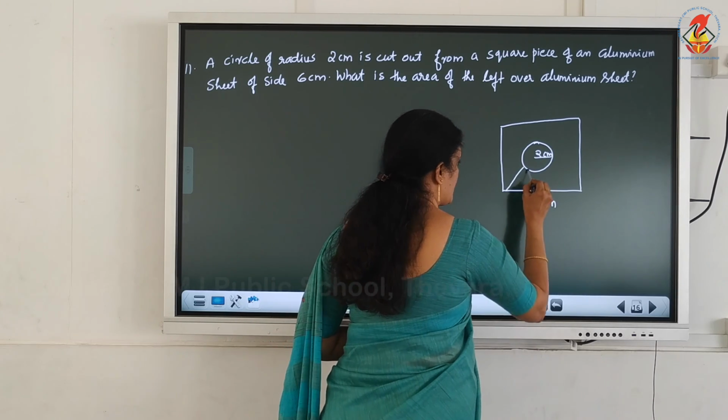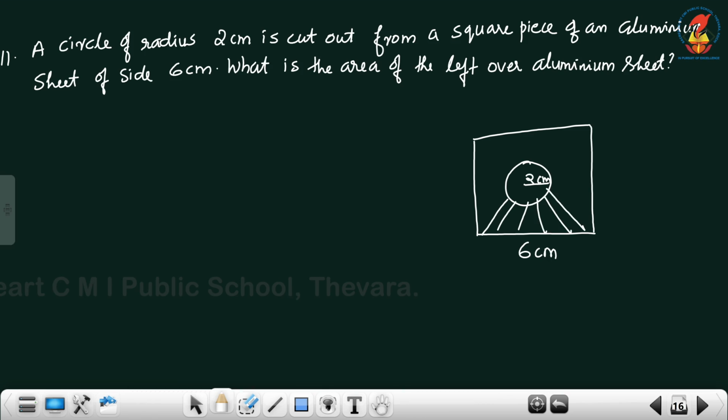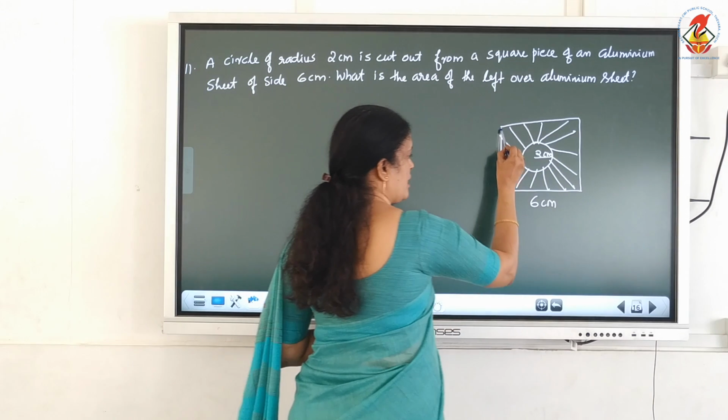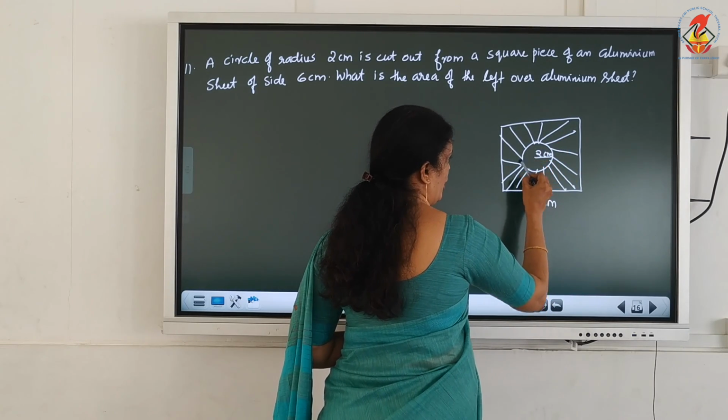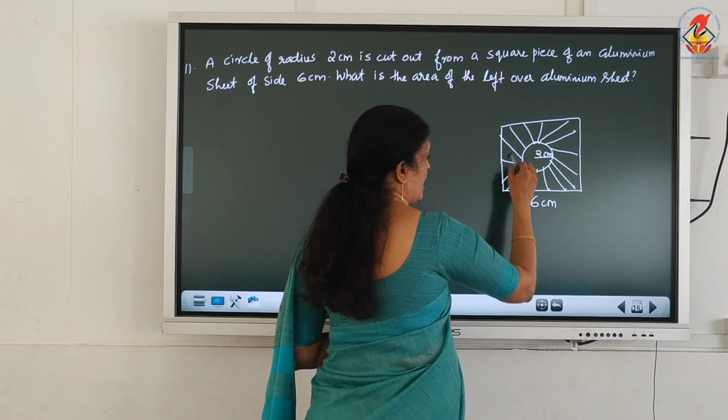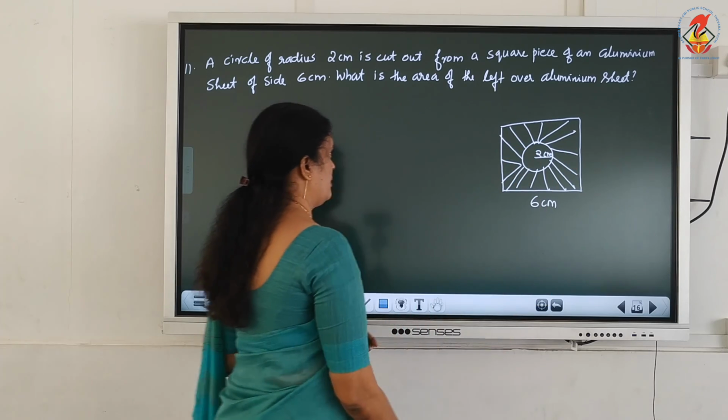Then the remaining sheet, this is the remaining sheet. We have to calculate the area of the remaining sheet. How can you calculate the area of this remaining sheet? First, area of the square sheet minus area of this circle. You will get the area of the remaining sheet. Okay.